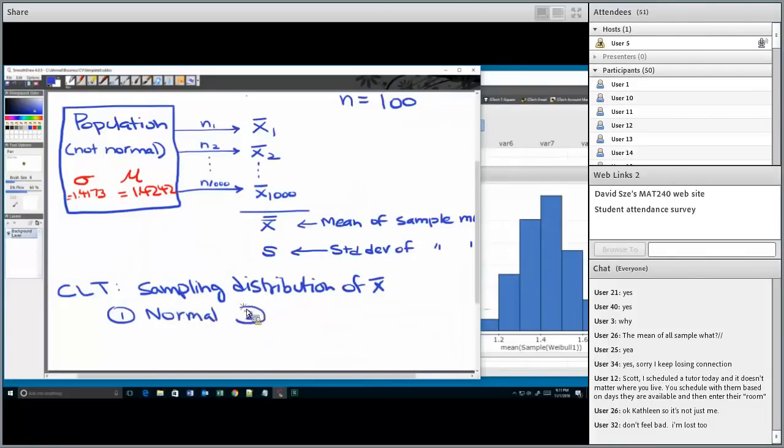Second, this X bar bar is approximately equal to mu, the population mean.